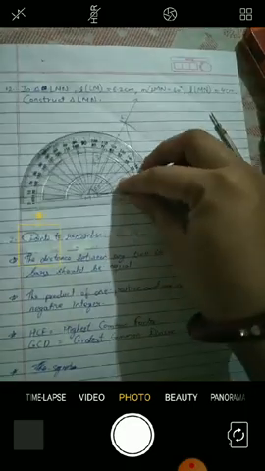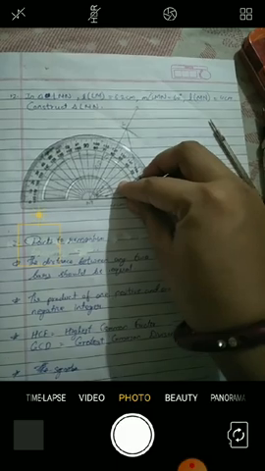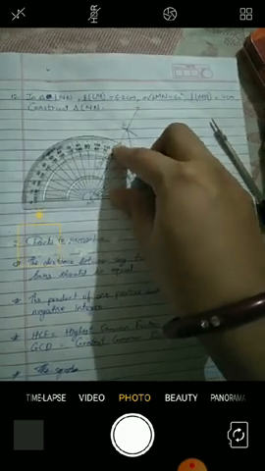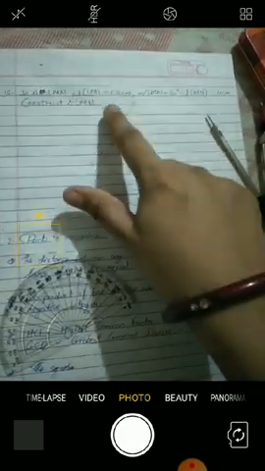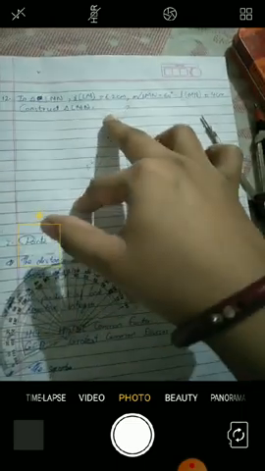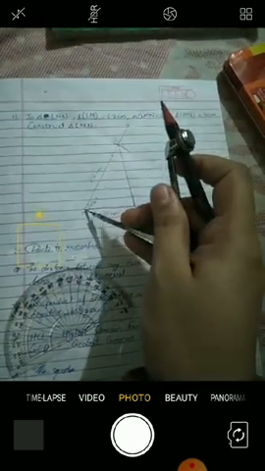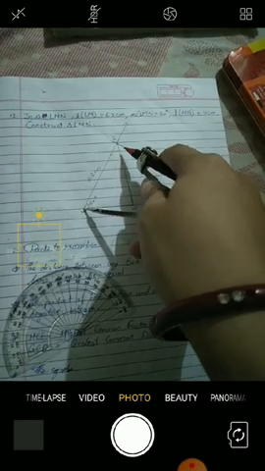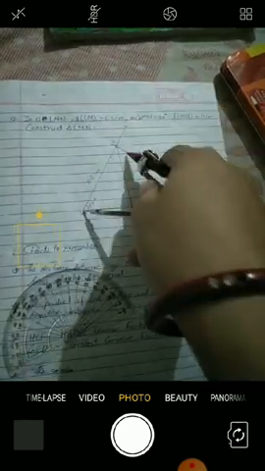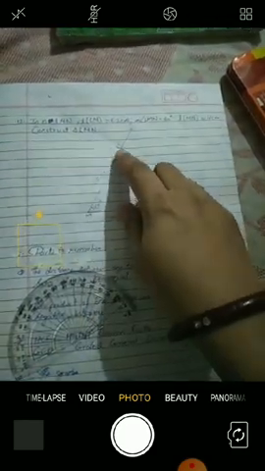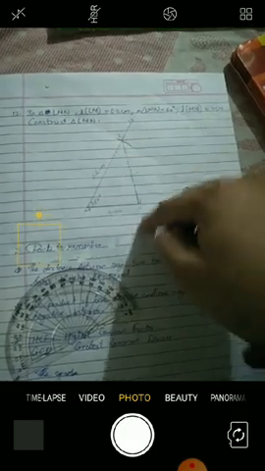From here we will draw 60 degree. I have put a dot here. Now what is LM? So I want 6.2. I will take from our scale and draw 6.2, an arc, and put a line from LN.